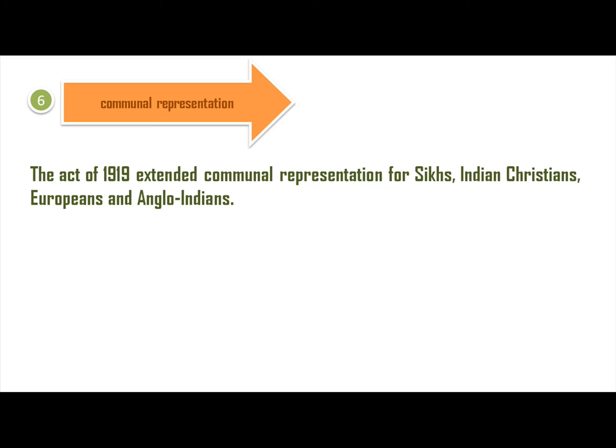In 1919, they extended this to other communities like Sikhs, Indian Christians, Europeans, and Anglo-Indians. Guys, let me tell you one thing: in the examination, don't get confused. If you get a question like when communal representation was started, it was started in 1909, not 1919. It was extended in 1919.